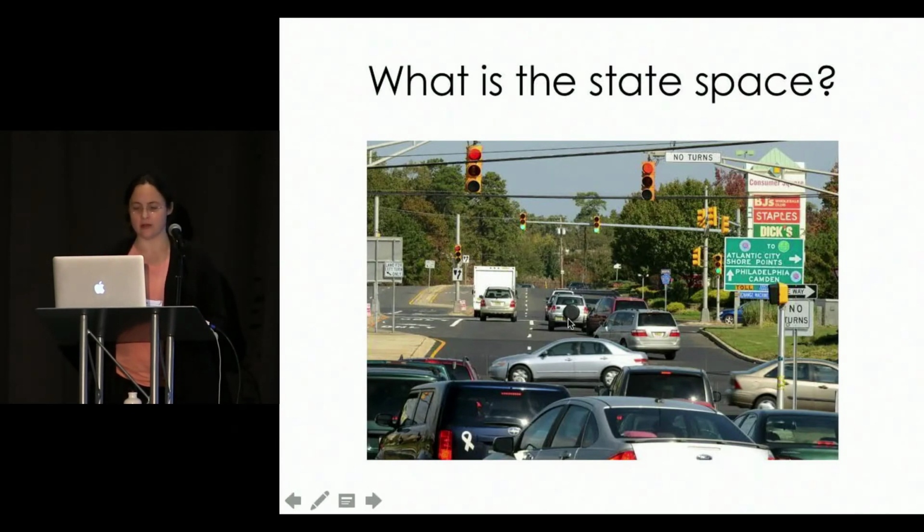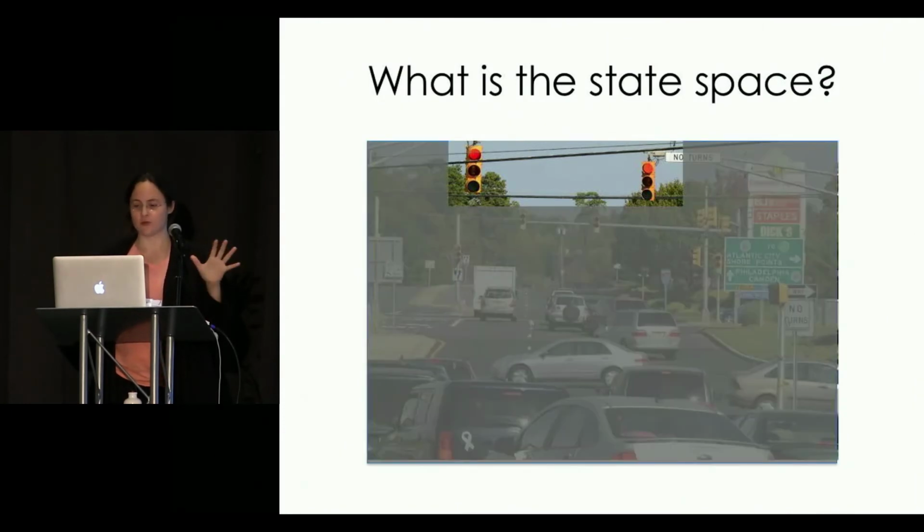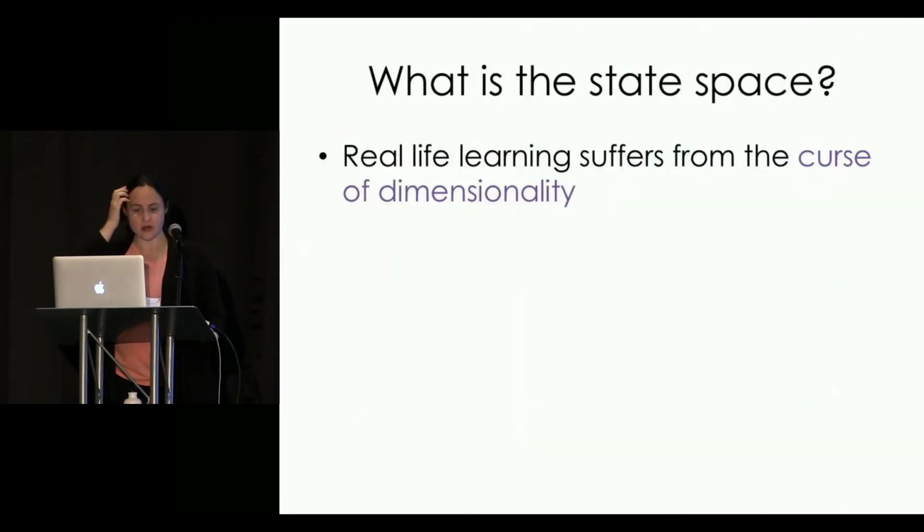If you try to encode it, you could just encode all the pixels, or you could have a more compressed representation, but it would still be very highly dimensional. Whereas if you were to describe it with words, you could just say, is the light red or green? And you would have two states, and you would be happy with deciding to go or not, in this case, at first approximation.